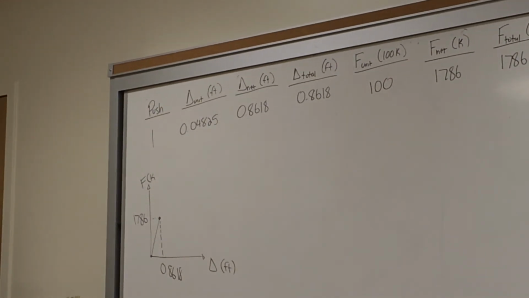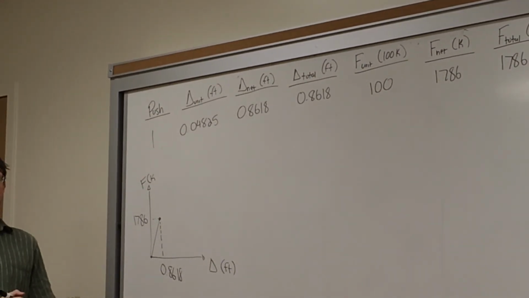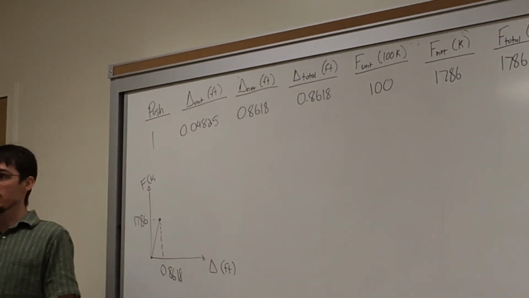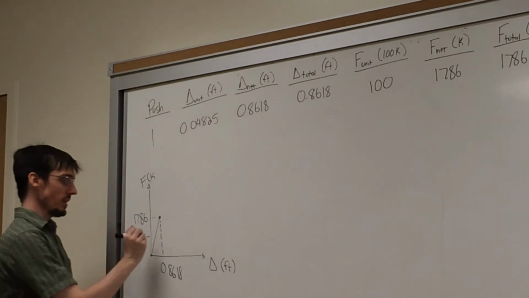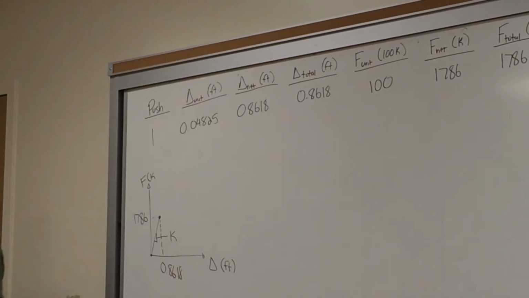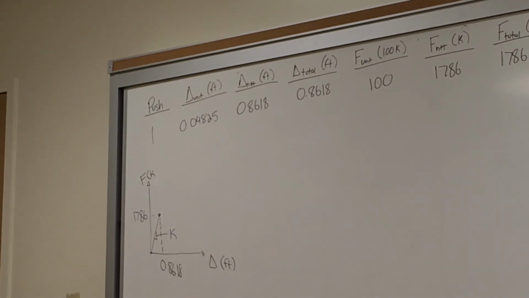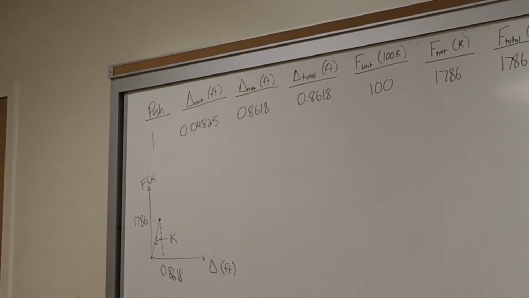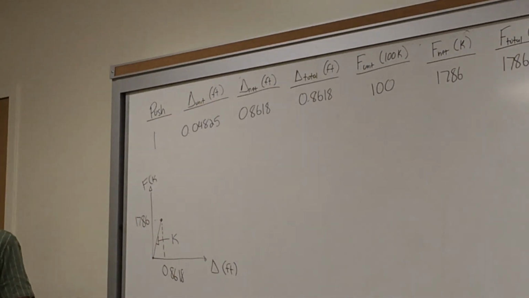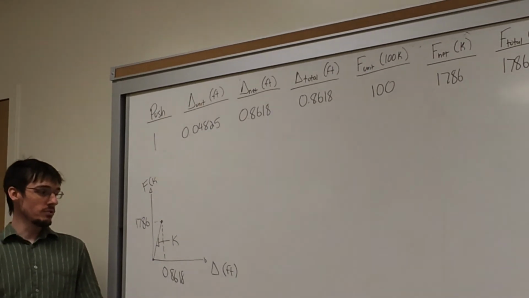If you're interested in the stiffness of your structure, for example, you're doing a dynamic analysis, you want, let's say, the natural period, and you need that stiffness to determine that, you can now look at the slope of this force displacement curve and get the stiffness of this frame when it's in this state. In this case, we're still in the elastic region between here and here. There's been no plastic or inelastic deformation occurring in any of our members.